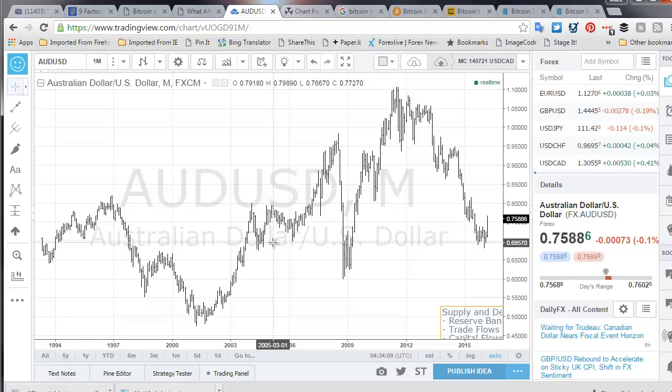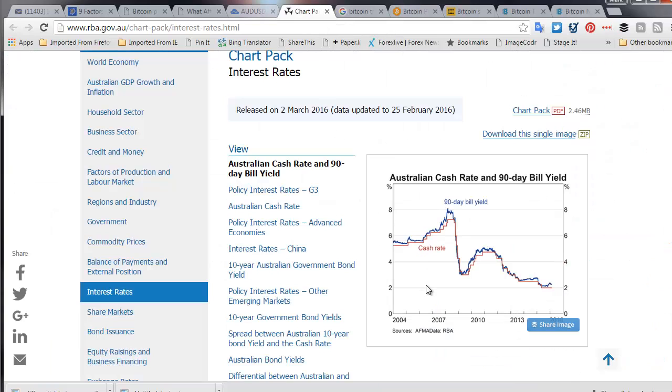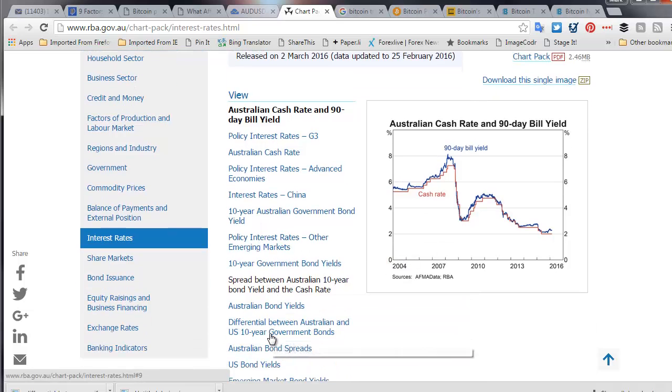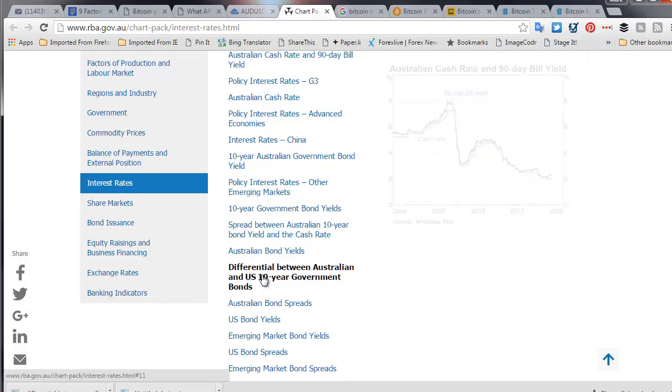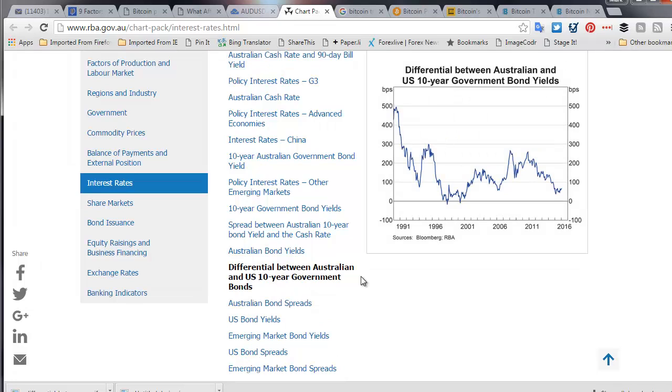Australia is a AAA credit rated country, and the US is a triple-A rated country, so the government bonds between the two countries are comparable. So I'm just going to pop up a chart. The chart here shows the differential between Australian and US 10-year government bonds.